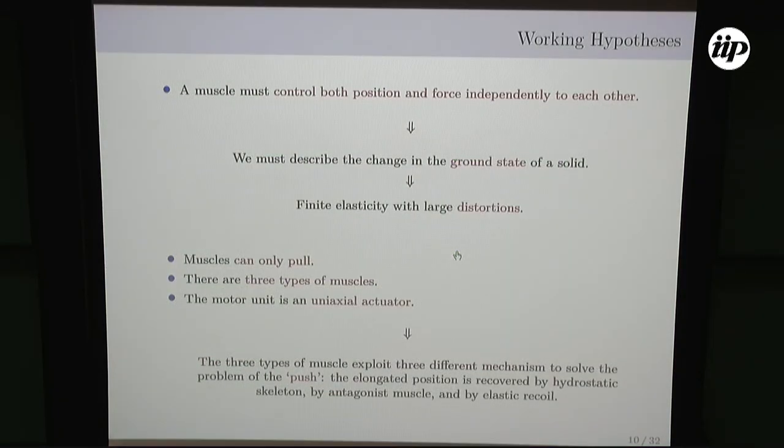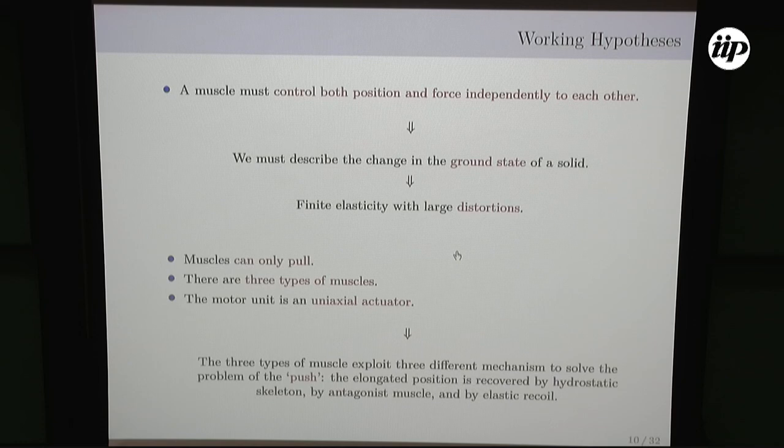And now I assume all these basic facts, and first of all, I want to model a solid that can control position and force independently from each other. And so we have to describe a change in the ground state of a solid, and there is a huge literature about this one, in the framework of plasticity.